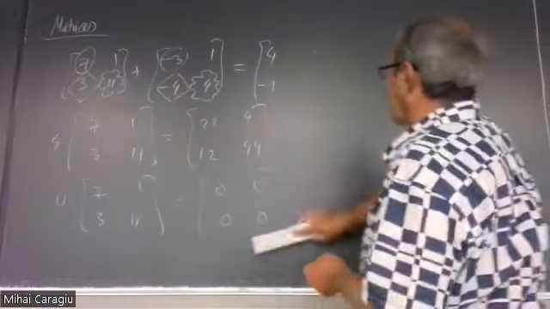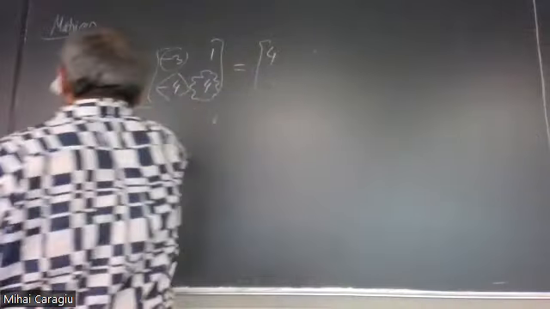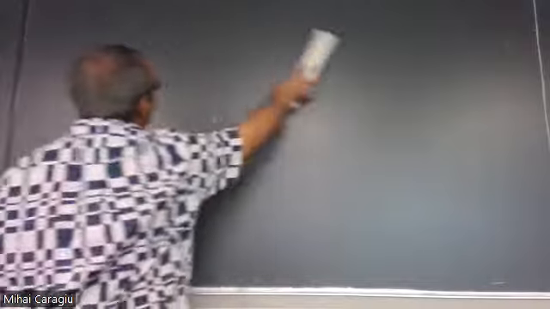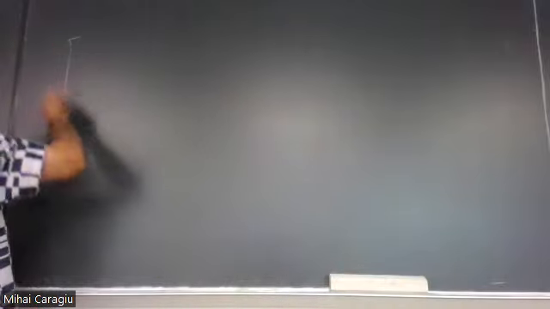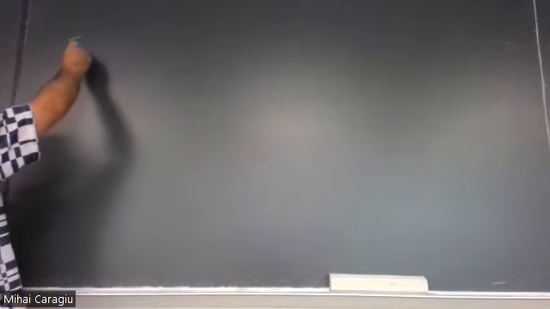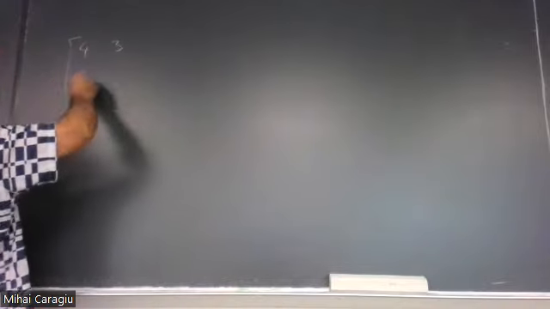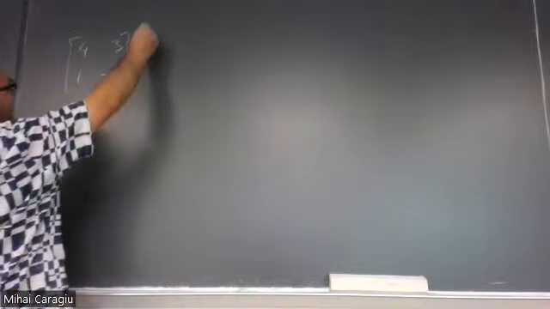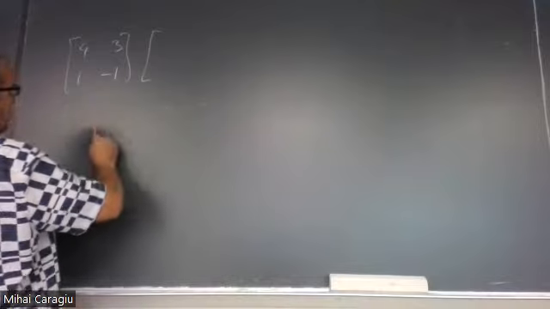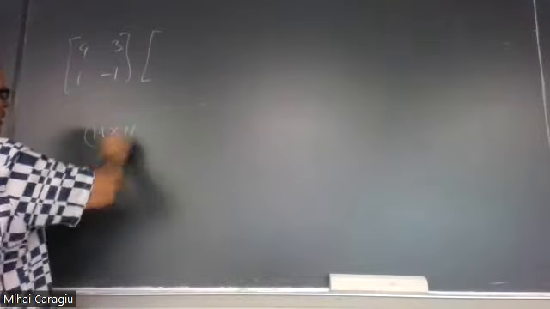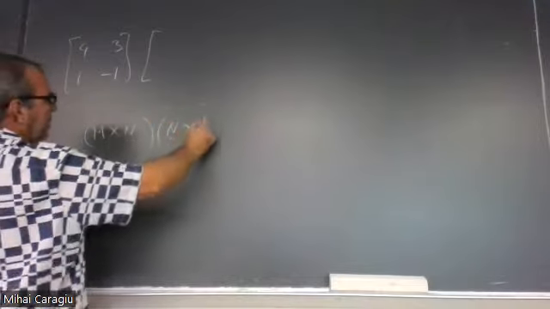Let's discuss matrix multiplication. Okay, so let's pick two matrices. For simplicity, let's make them 2 by 2. Otherwise, same thing, only a bigger amount of data. So let's see the matrix 4, 3, 1, minus 1, multiplied by a matrix. We can only multiply an m by n matrix with an n by p matrix.